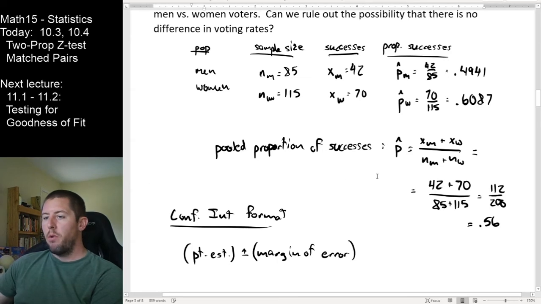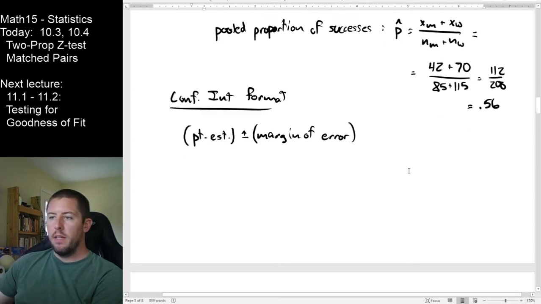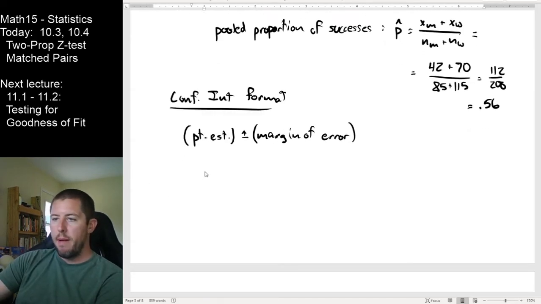As we've seen, our point estimate is always going to be the difference in the parameters that we're interested in. Our margin of error is always going to be of the form z star or t star critical value times our standard error.